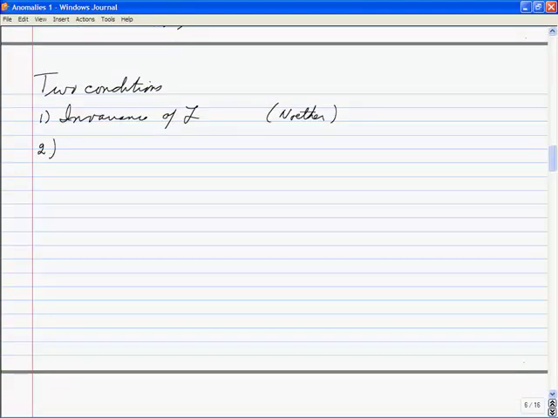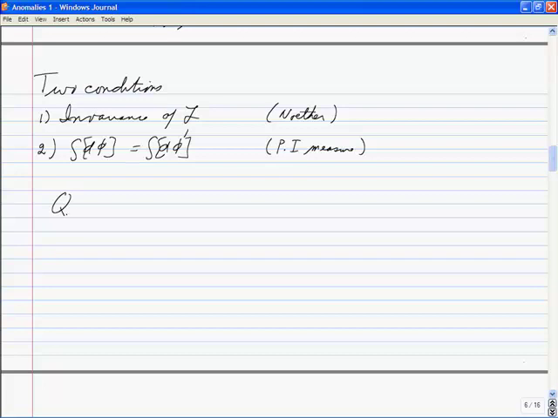But the second one is the invariance of the path integral measure. This makes sense that we would do that. However, it turns out that this is a more stringent condition.